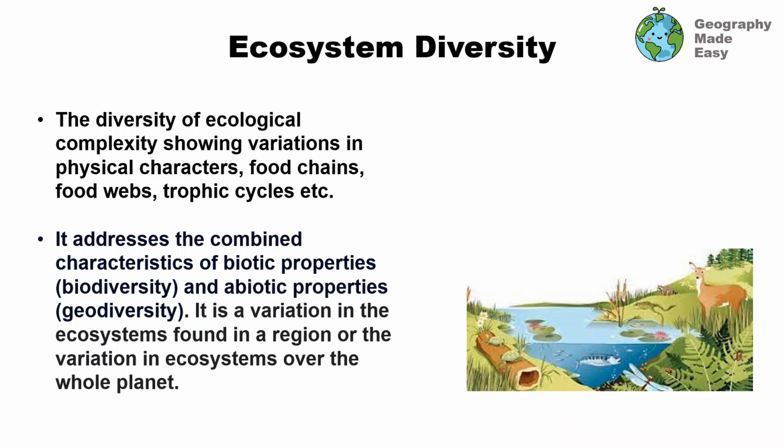Next is ecosystem diversity. The different types of ecosystems which exist are known as ecosystem diversity, the complexity of the ecosystems and the variations which can be present. Within one pond we can have different types of ecosystems, like freshwater and littoral zones.